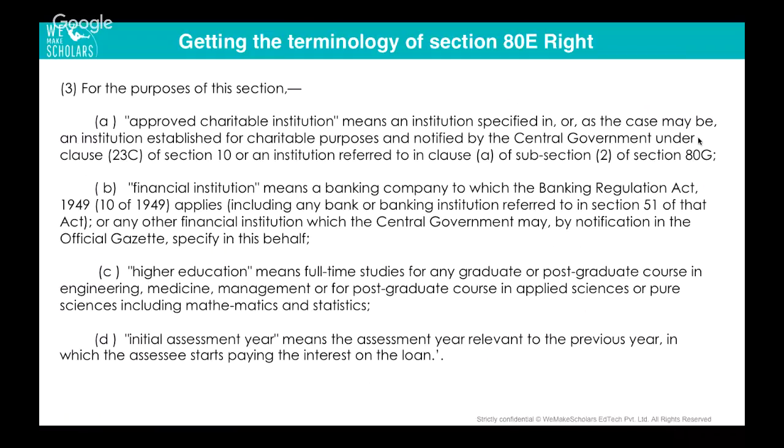They have specified some subjects, but in the recent modification, they have opened it to all subject areas. So don't worry, even if you're going for an education which is not STEM, something outside of it, you can still claim the exemption.